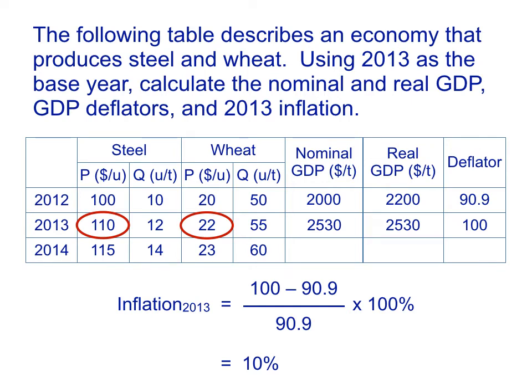Notice, very important, when I want to get the 2013 inflation, I am taking the 2013 value and dividing it by the 2012 value. All right, that's my 2013 inflation. So, when we ask for inflation, the year that is asked for is the second year. Now, of course, some of you might be thinking, why did I do it this way?